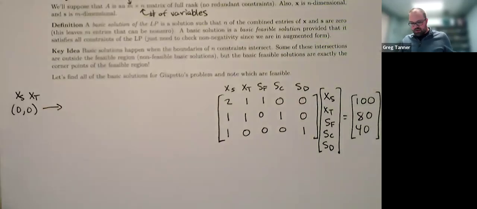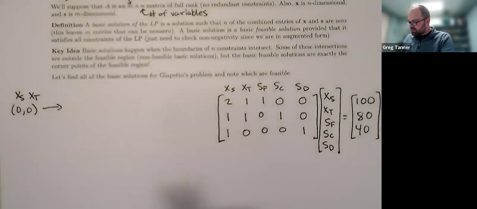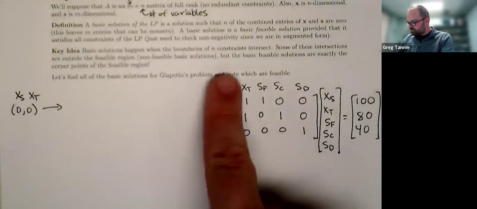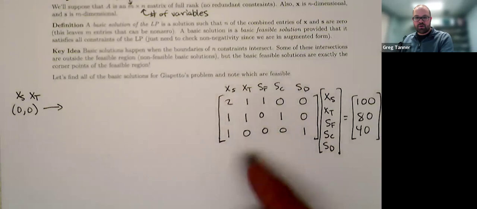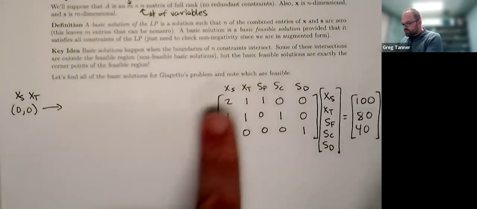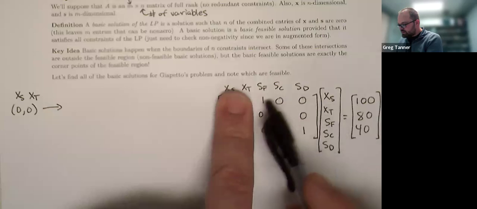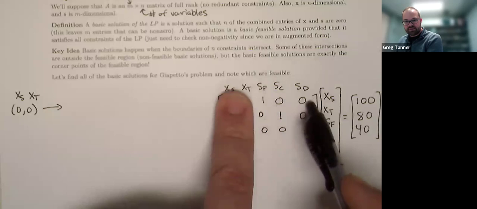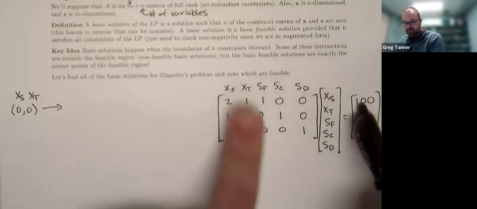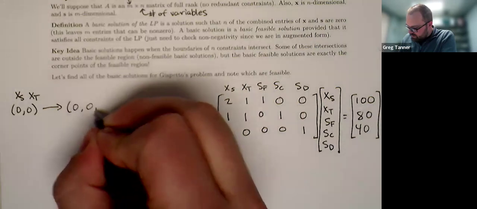Plugging in 0 for xs and 0 for xt essentially removes these two columns because they're multiplied by 0. Then this first row, if I hide these two columns, gives 1 times sf plus 0 times sc plus 0 times sd, or just sf equals 100. This is the nice case.